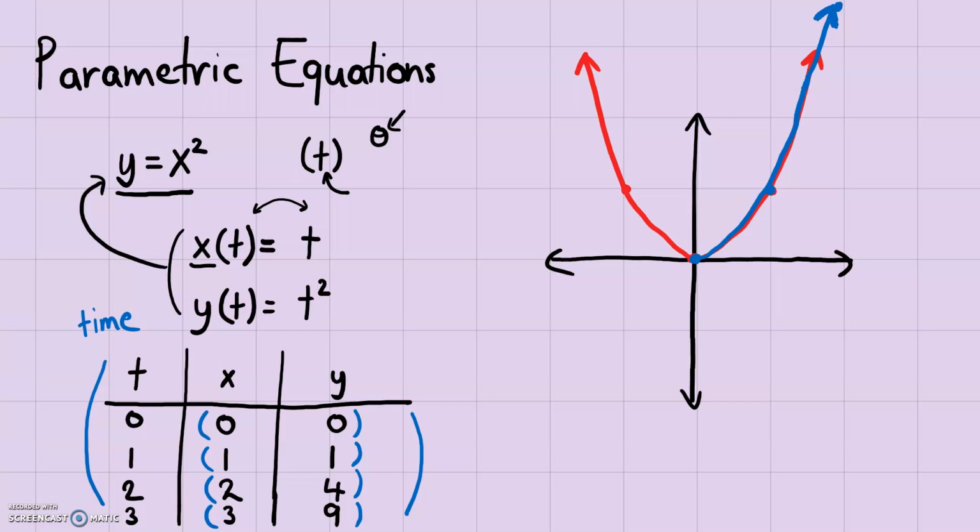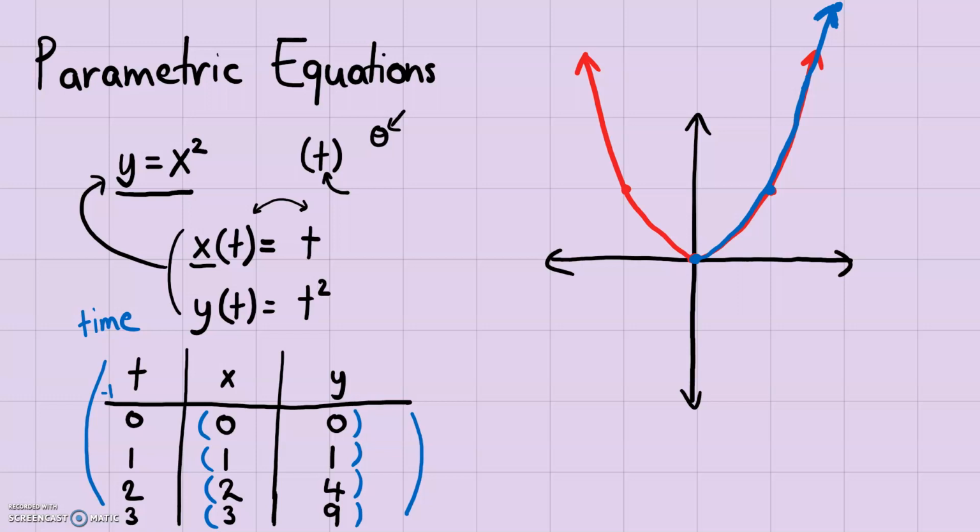And it doesn't really make sense to have negative time. So when we have t as the parameter representing time, you usually just deal with the positive portion. So we don't really need to consider the negative t's here. But if you look at just the positive t, it's exactly the same as our previous graph.